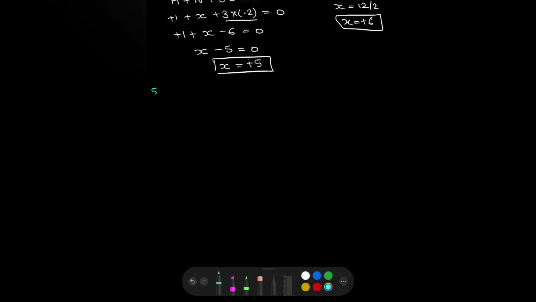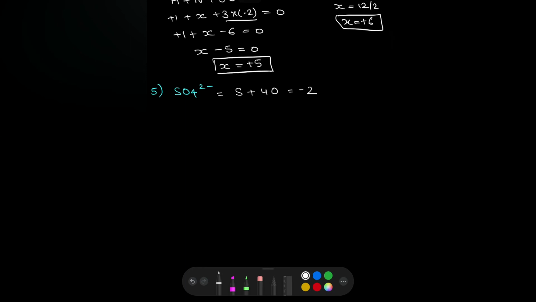Now the next compound we have is the sulfate ion. In this case we have 1 atom of sulfur, 4 atoms of oxygen, and the summation will be equal to -2 because the overall charge on the compound is -2.